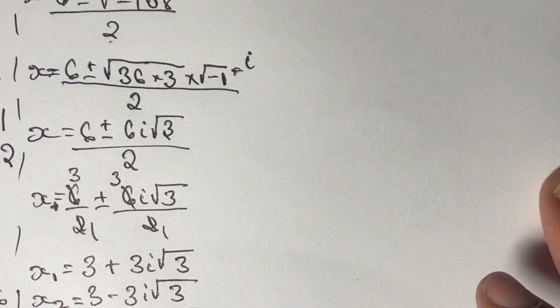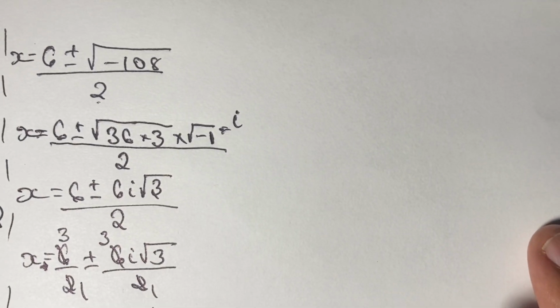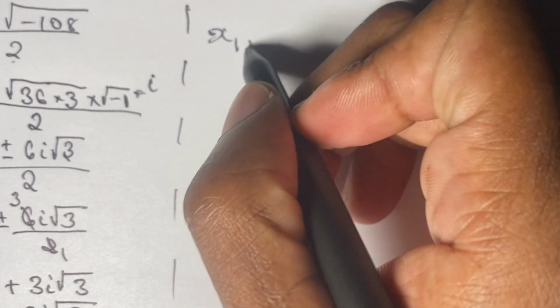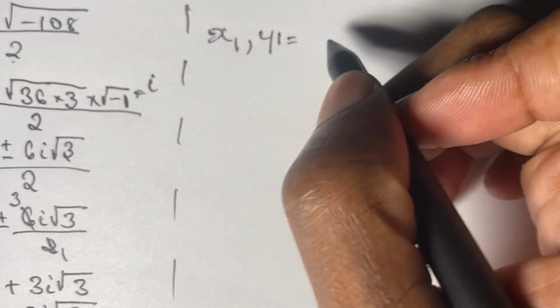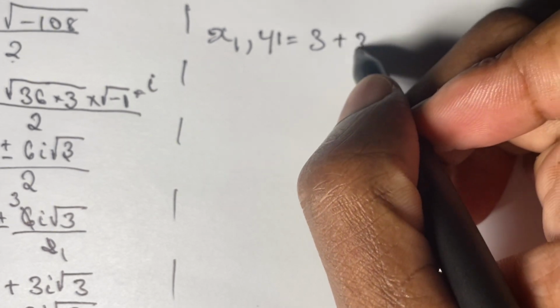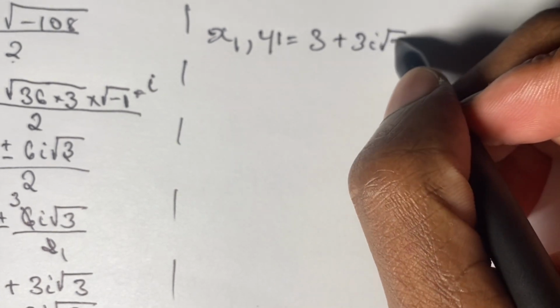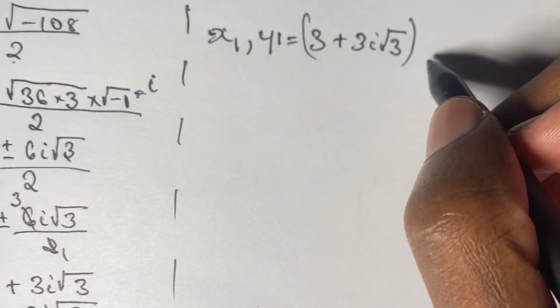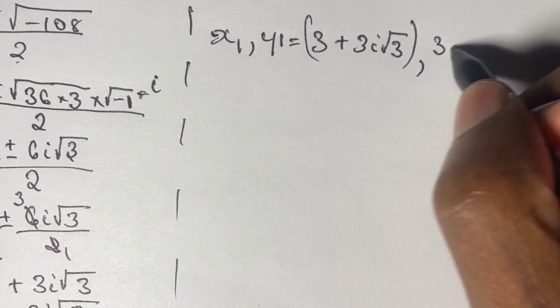So let's actually go and record this. We have our pairs of solutions for x and y, as we have x1, y1, with x1 being 3 plus 3 times i times the square root of 3. We can put these in brackets just to avoid confusion, as we are going to write the solution of y1.